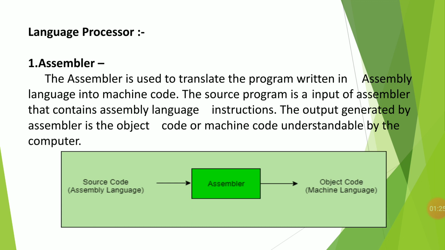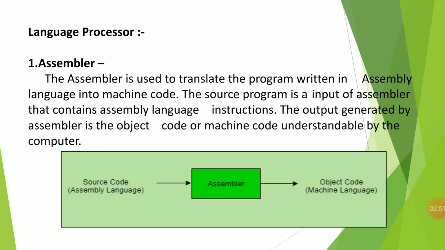For example, if you are writing a program in any programming language like C, C++, Java, whatever program we write, we write in high level language. High level language is also known as human understandable language. After writing the program, the code needs to be translated into binary code which a computer understands. This is done by a language processor.